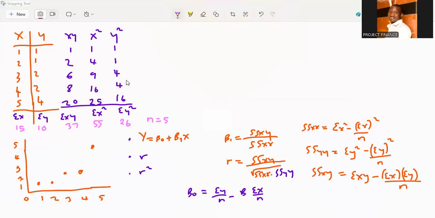Okay, so you've seen the totals? We're just totaling up here. Summation of x is 15, summation of y is 10.